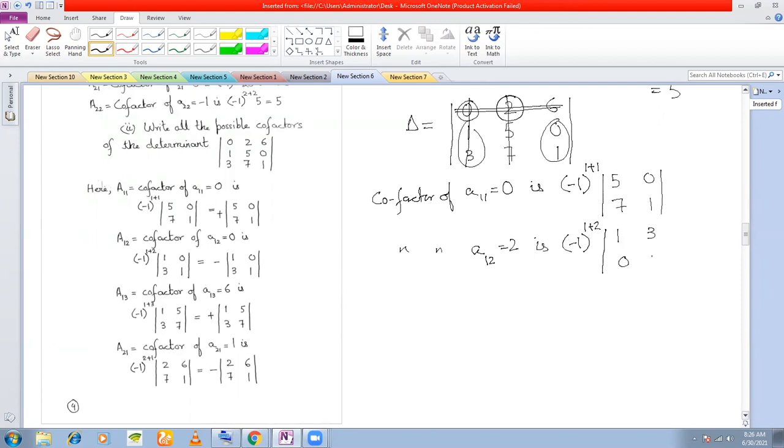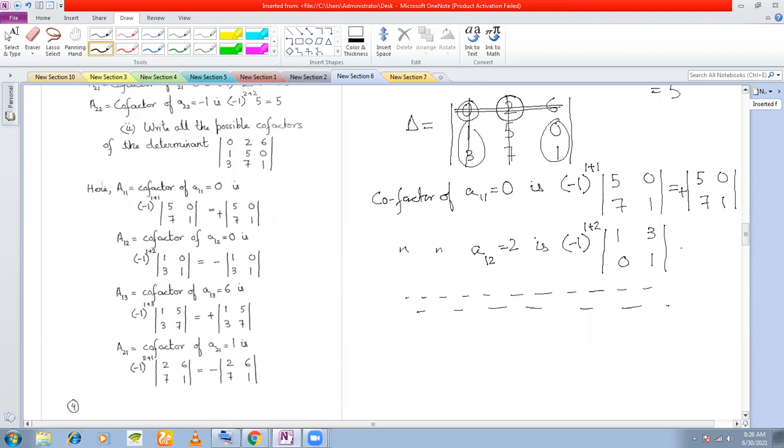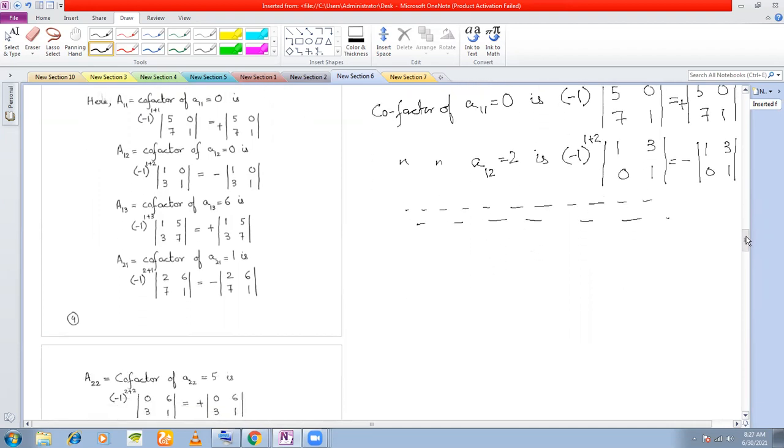And we can continue in this manner for each element. So what are you getting here? Minus 1 to the power of 1 plus 1 will give you a positive sign. So plus the determinant 5, 0, 7, 1. And here you will get minus the determinant 1, 3, 0, 1. And similarly, you can calculate for each.